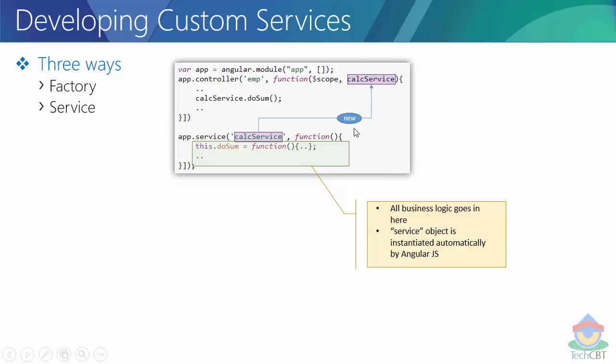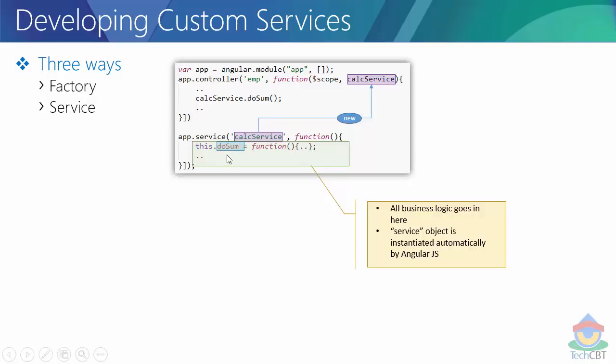So in this case, the instantiation of the service will be taken care of by AngularJS. In the case of factory, it is our responsibility to create an instance and return the service instance. So that is the only difference. It is just a syntactical difference between a factory and service, but not really anything else other than that.